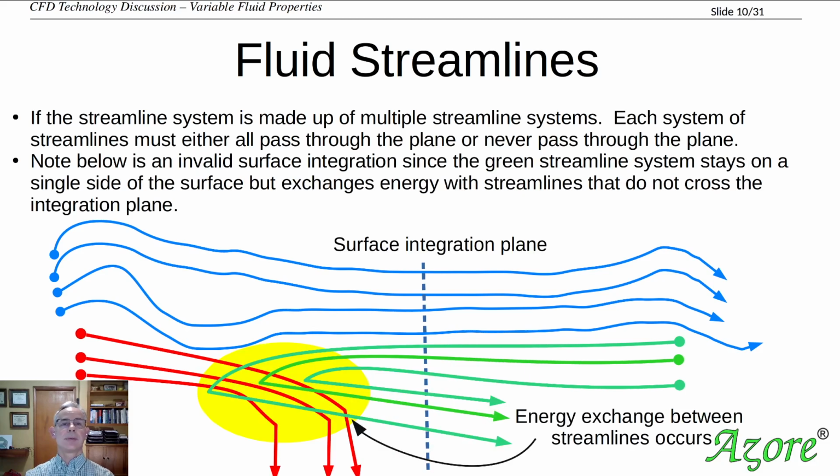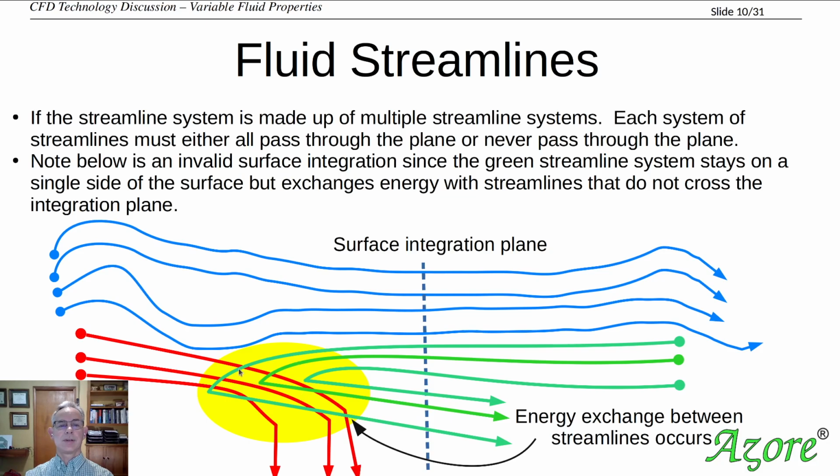Here is another thing. If the system is made up of multiple streamlines, each system of streamlines must either all pass through the plane or never pass through the plane. Here we have an example where our red lines are not crossing over the plane, and over here the green lines stay on one side, which can be okay, since they begin and end on one side.